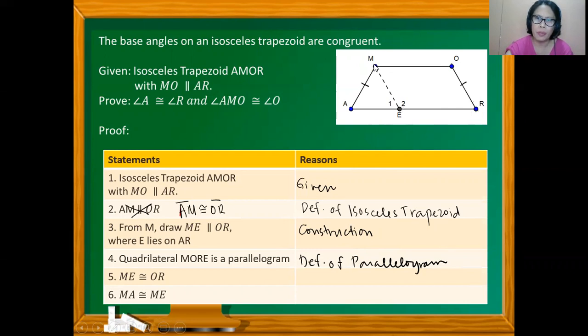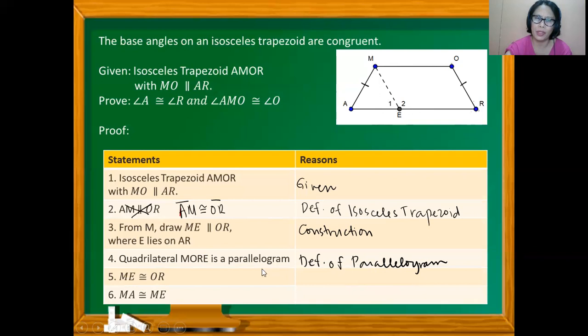So we were able to prove that ME is parallel to OR, and then MO is parallel to ER here. So this quadrilateral is a parallelogram.